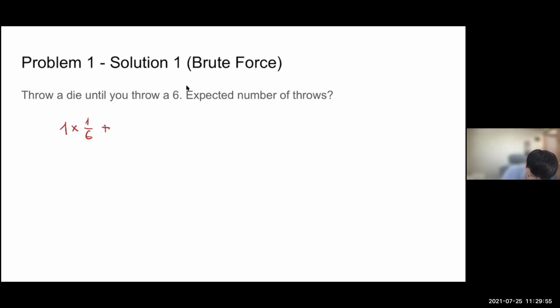And then you'll have thrown twice with probability 5/6 times 1/6, so on your first throw you shouldn't have thrown a 6, and then on your second throw you have to throw a 6. And then you apply the same logic and add all this up.